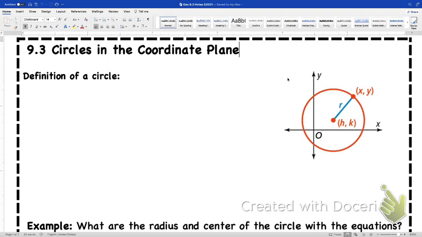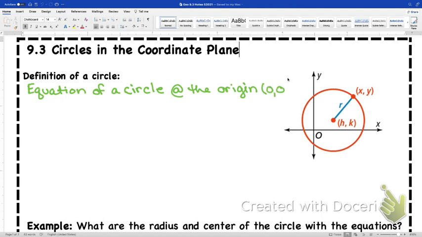Definition of a circle. I'm basically going to just give you the equation. Equation of a circle. And it's important to know this equation is at the origin. And the origin is what point? 0, 0?